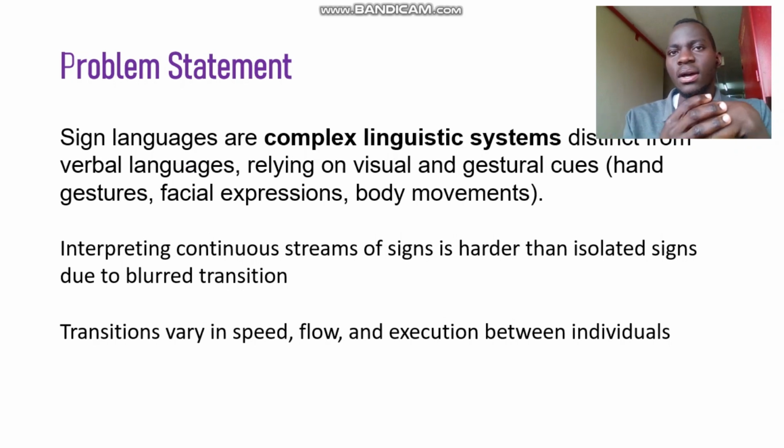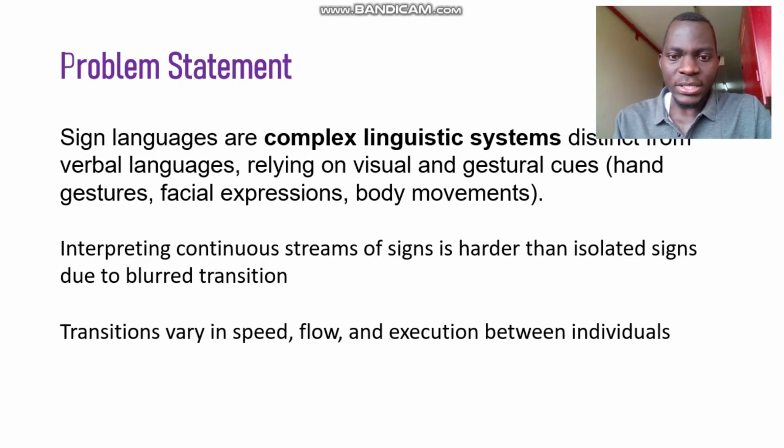The problem statement in this paper is that sign languages are complex linguistic systems distinct from verbal languages. They rely on visual and gesture cues and facial and body movements, rather than spoken words.